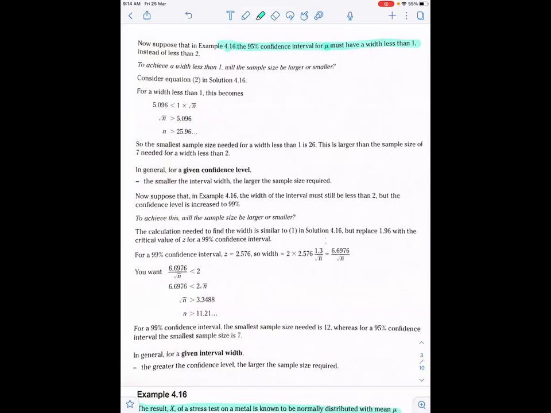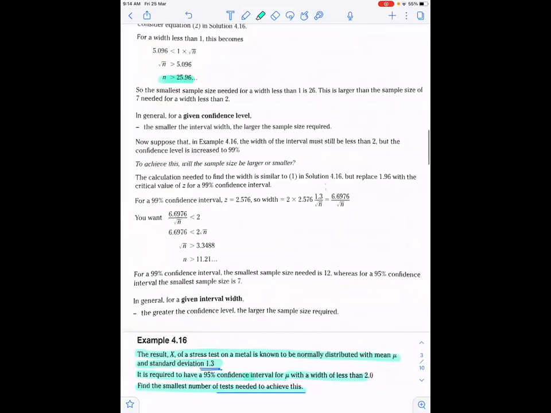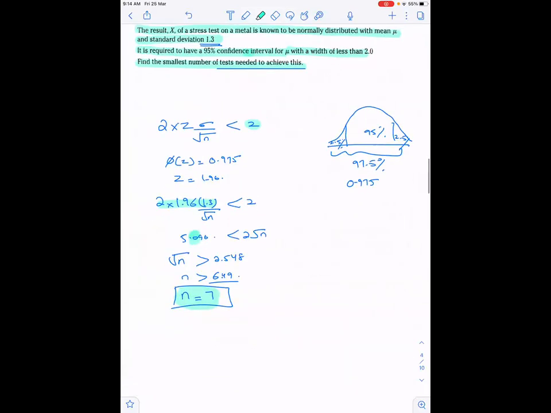Then the value of n should increase. If you do the calculation again, you want the width to be 1, so when you square 5.096 without dividing by 2, you get 25.96. That means if you want the width to be less than 1, then n should be at least 26. Do you understand the point?